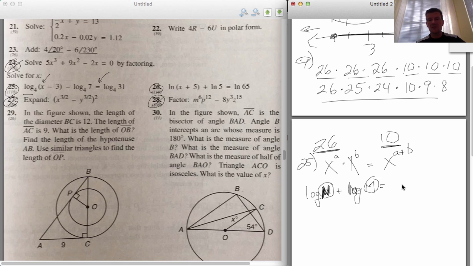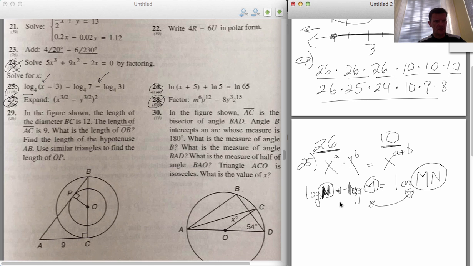Those are called arguments there. So this would turn into log of mn or nm, however you want to look at it. Okay? This goes both directions, either way. The log of a product, you can break it apart into the sum of the individual logs of those arguments, of those factors. Okay?